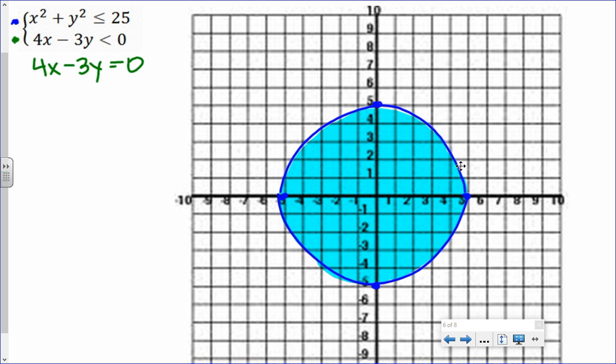And I like putting lines into slope-intercept form. So y equals 4/3 x. All right, so we have a y-intercept of 0, slope of 4/3.